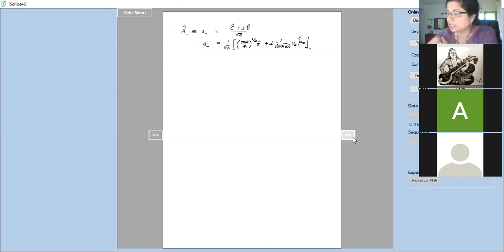Okay, so now how will you write your Hamiltonian? Your Hamiltonian will be nothing but h cross omega by 2 into, now what do you have over here? You have essentially your a plus a minus plus a minus a plus.